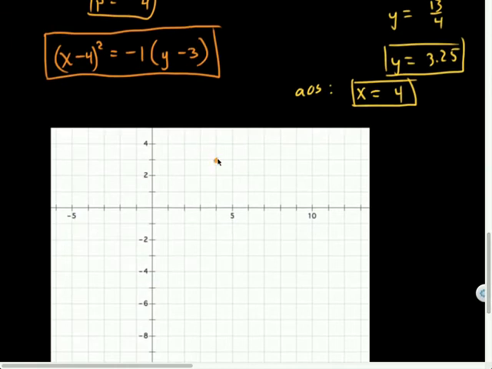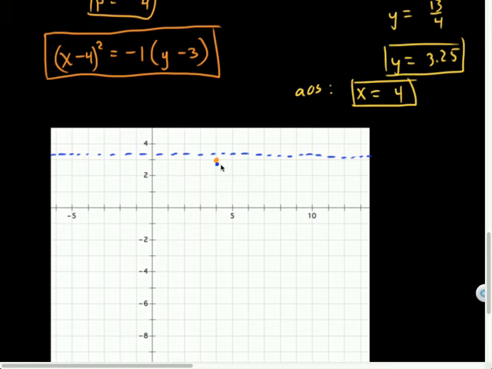The focus is 0.25 underneath that, and the directrix is 0.25 above it, so at 3.25. Let's use the little squares method. So it's 0.25, 0.25, so that's 0.5 between the directrix and the focus.